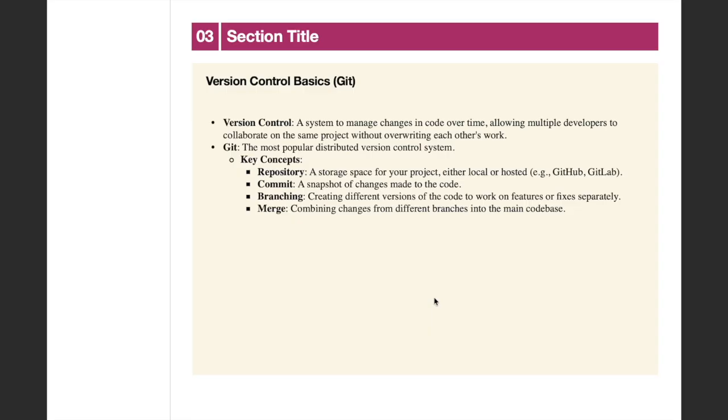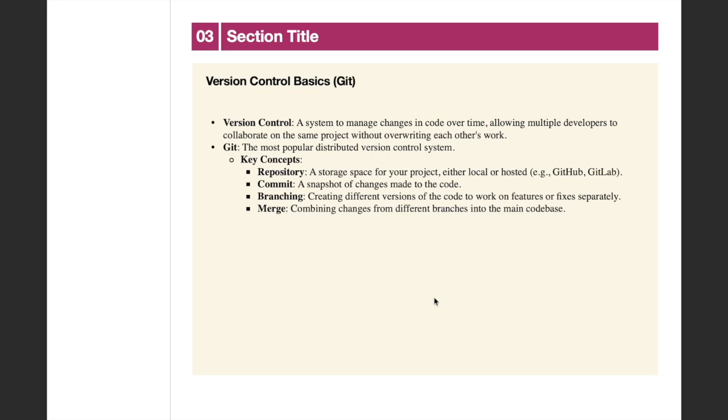Finally, if your dark mode looks awesome and works perfectly, then you can merge it. Merging is nothing but the process of combining changes from different branches back into the main code base. Git will handle all of these very smoothly.